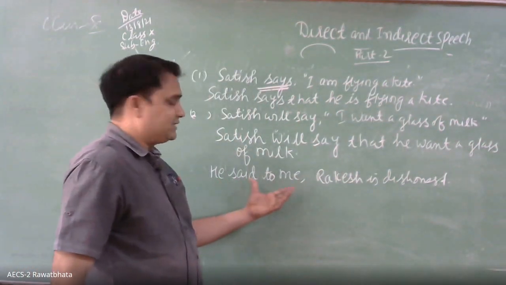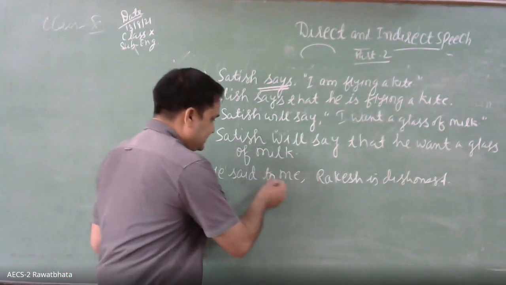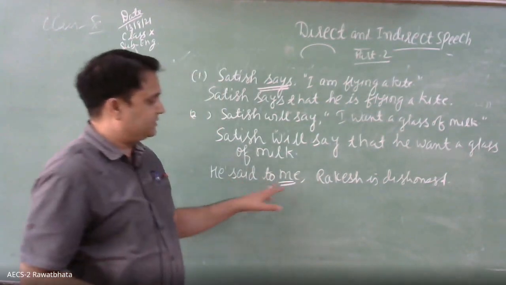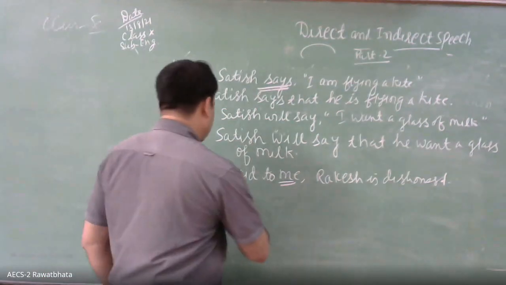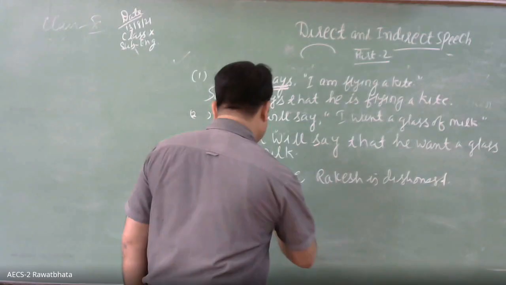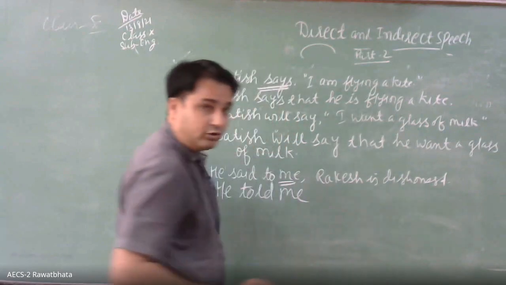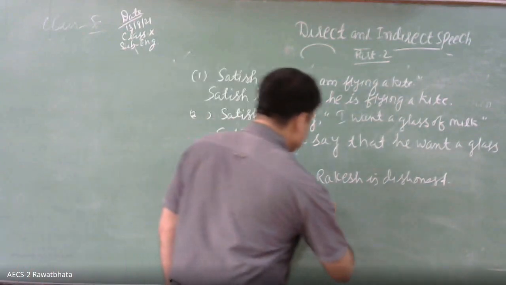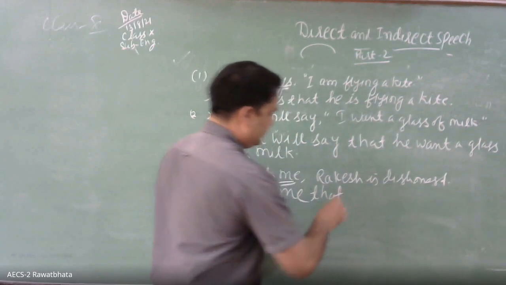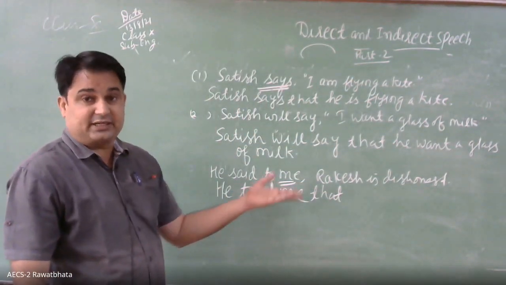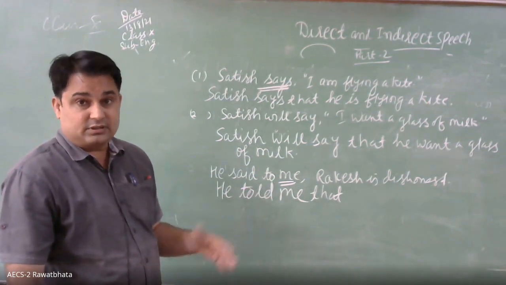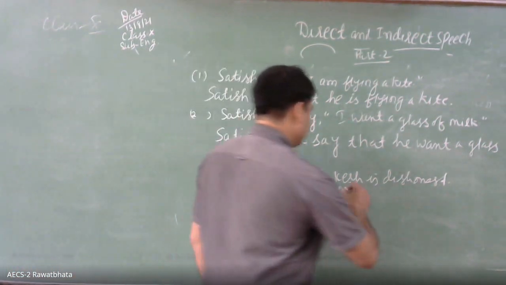After said, an object is there, so in this situation it will be he told me that Rakesh is dishonest. It is in simple present, so it will change into simple past: Rakesh was dishonest.